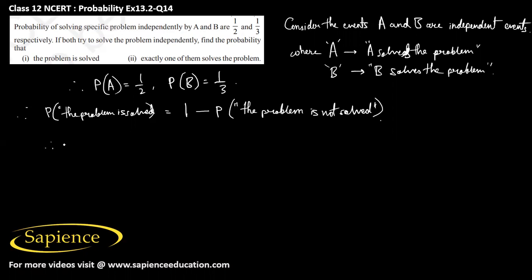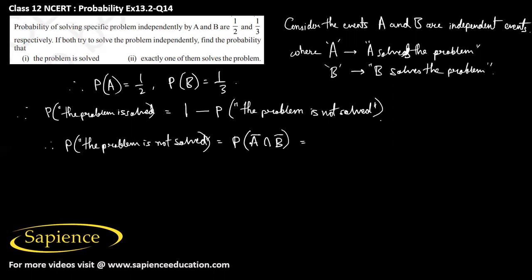So therefore, the probability that the problem is not solved, it means what? That the problem is not solved by A and the problem is not solved by B either. It means we have to do the probability of A complement intersection B complement.